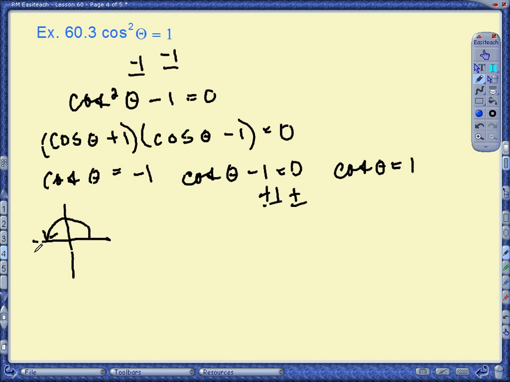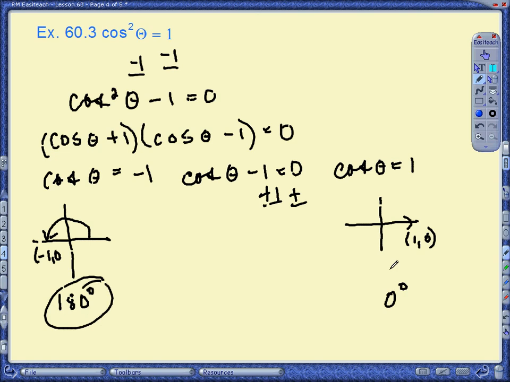And we would be right here, -1, 0. That would be 180 degrees. And here, the other place where the x value, remember, is always the adjacent side, is +1, would be at 0 degrees. So those are the two answers for theta, 0 or 180.